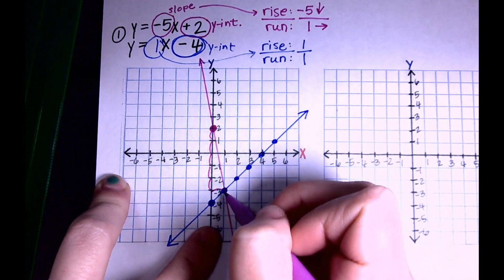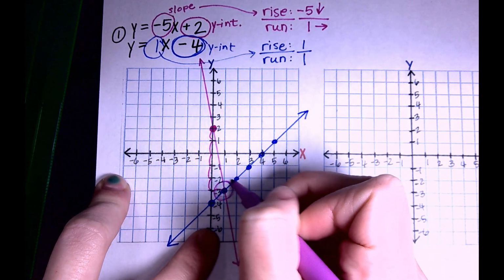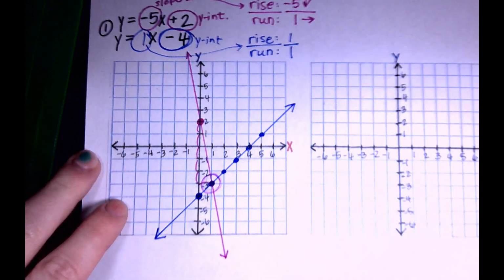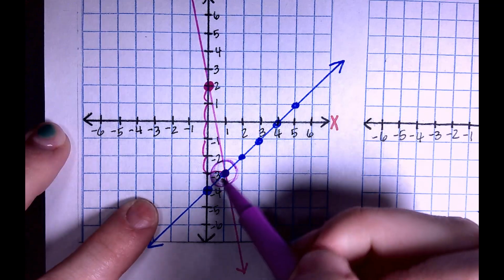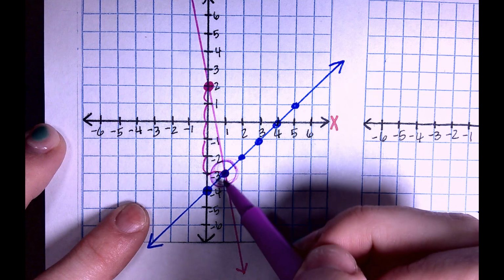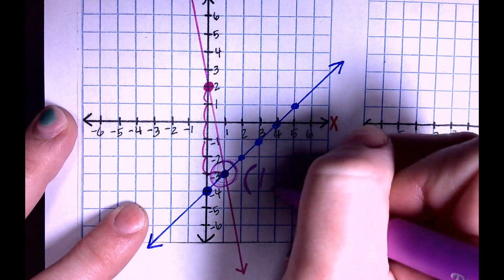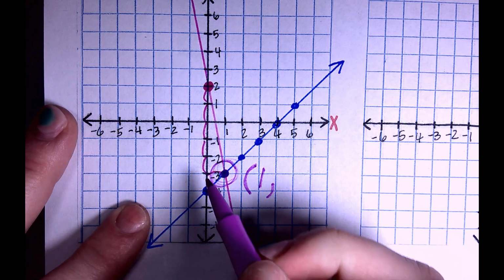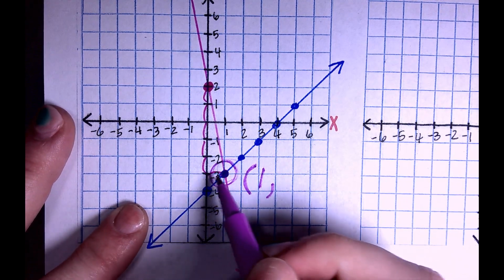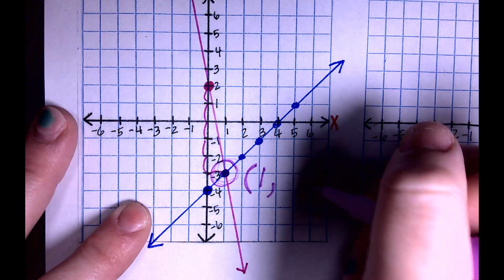Yes, I'm going to find the coordinate right here. That's where they cross, and I can see that this point lines up with 1 on the x-axis. So 1 is my x value, and negative 3 is where it lines up on the y-axis.